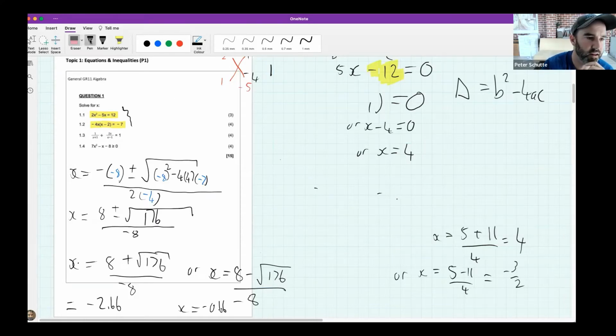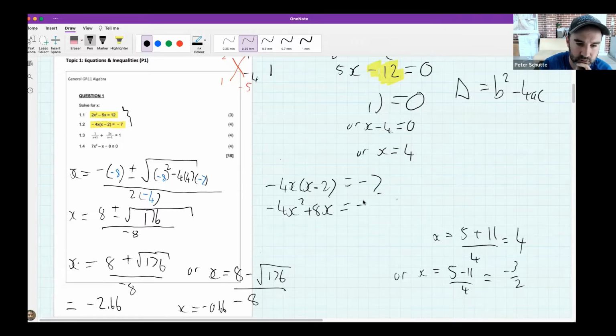So we should have, if we went back to the very beginning, we have this thing like this, and we get -4x squared plus 8x equals -7. And then I moved things across, and I got 4x squared minus 8x minus 7.